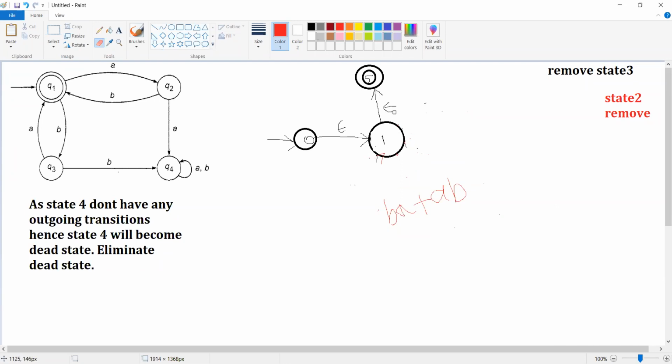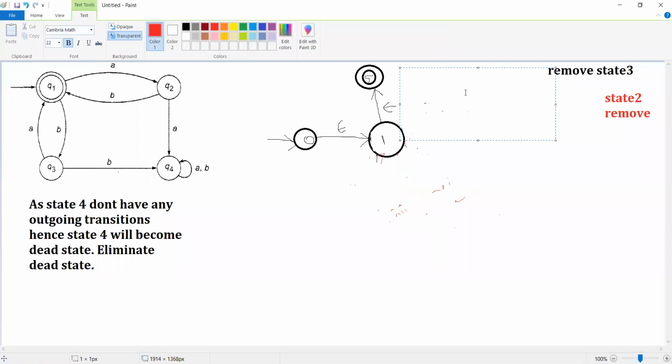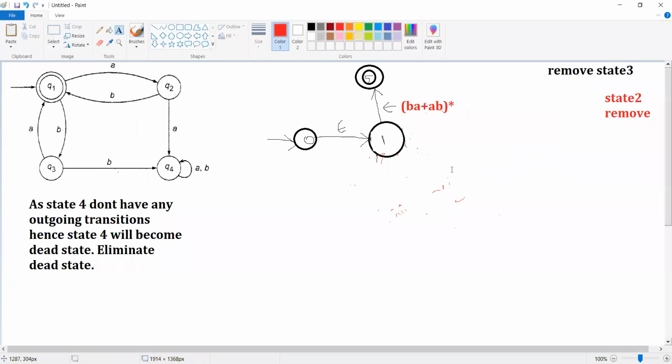We have only 1 to 5 with epsilon. So we get epsilon into (BA plus AB) whole star. You know that epsilon into anything results in anything. So hence we'll get this answer.